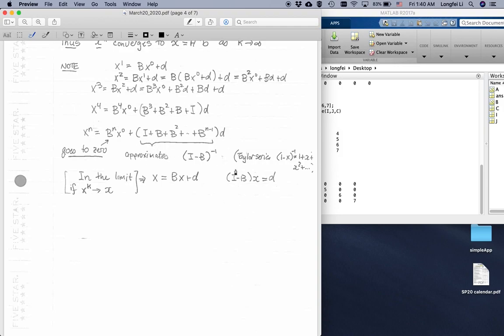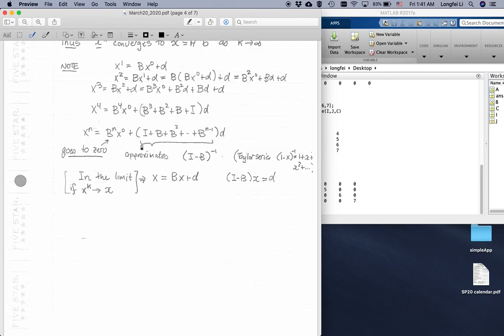And that's why we say this, because the exact solution of this one would be x equals I minus B inverse multiplied by d.